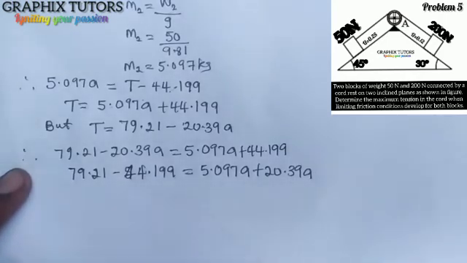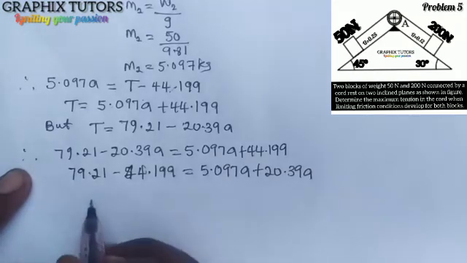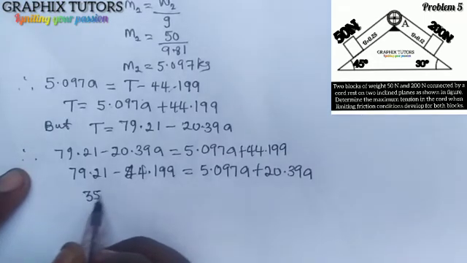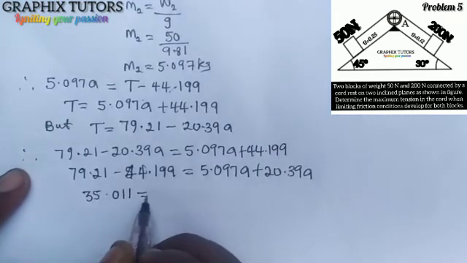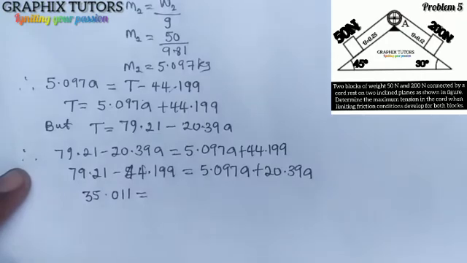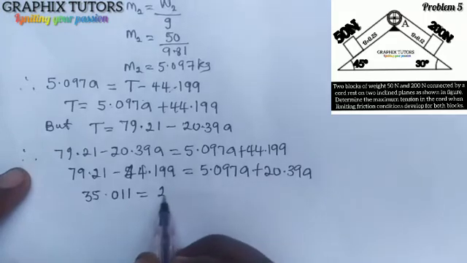From here, if you subtract 79.21 minus 44.199, that gives us 35.011 equals to 5.097 plus 20.39, and that gives us 25.487a.